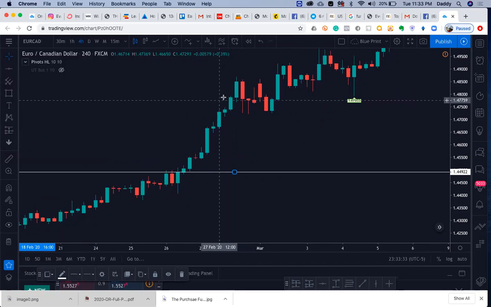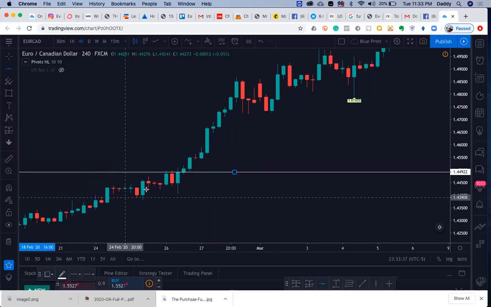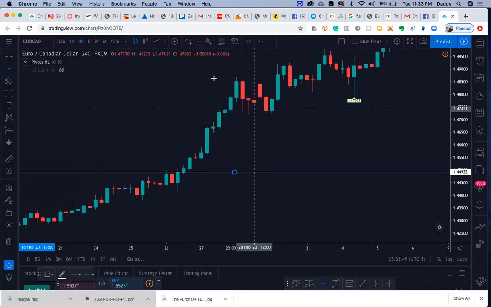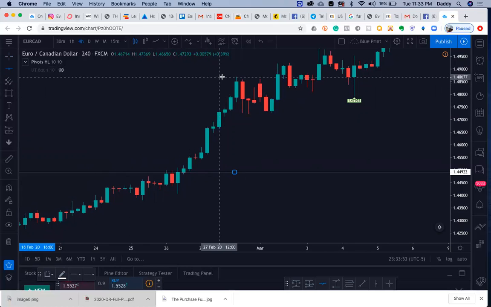So the action that you see is simply this. Price gets here and it starts to resist. It comes back up and then it resists. So looking at this here, it becomes a resistance zone.